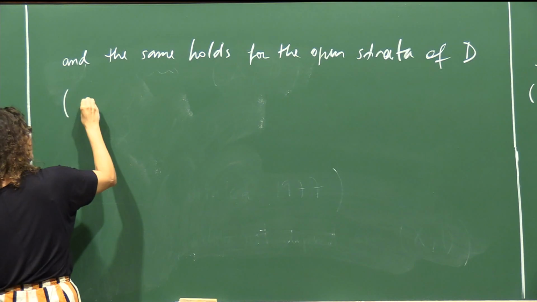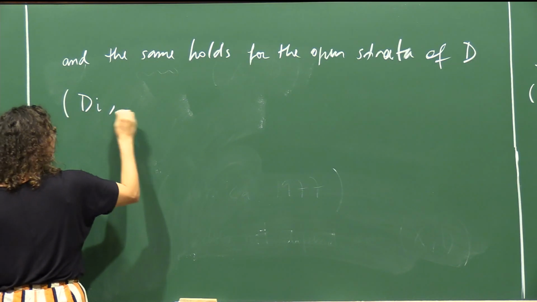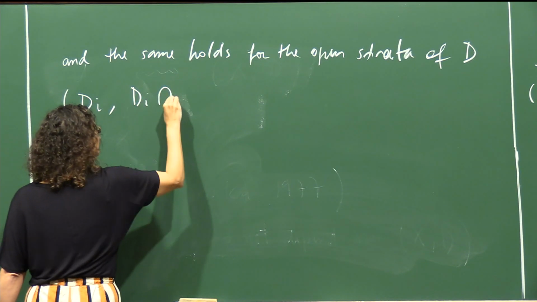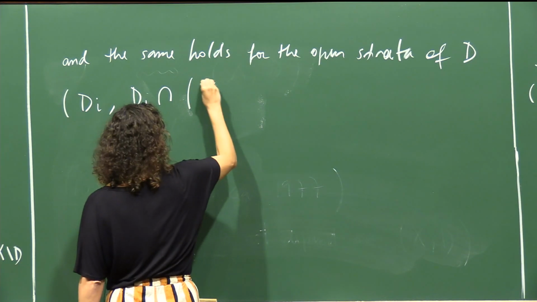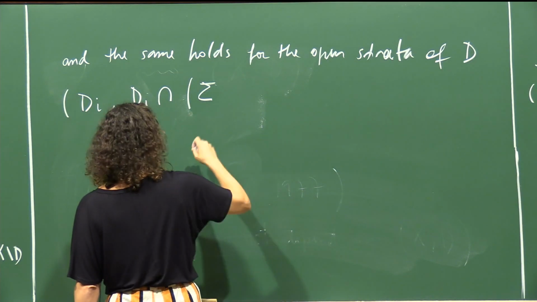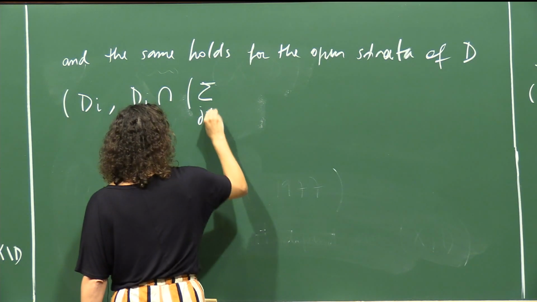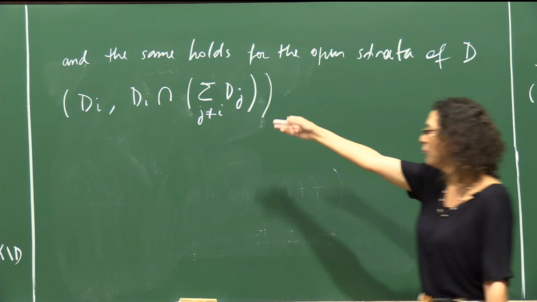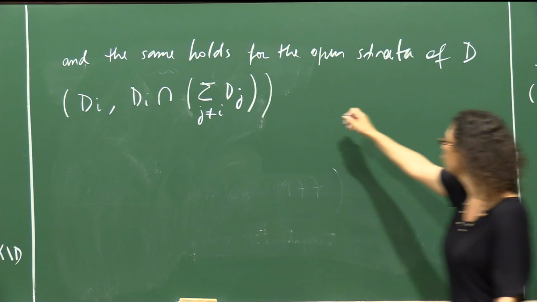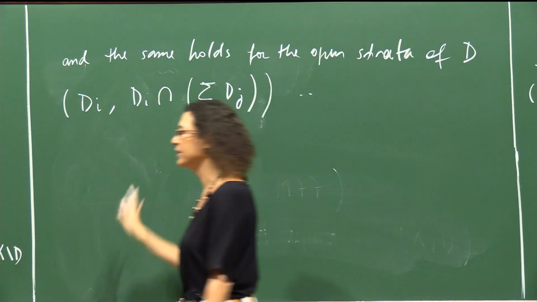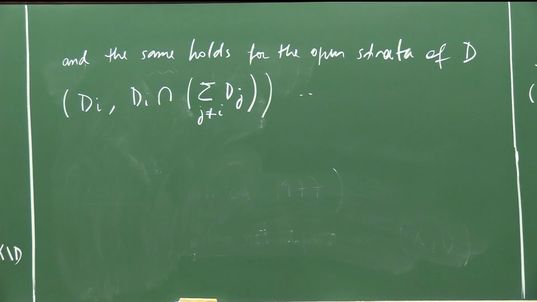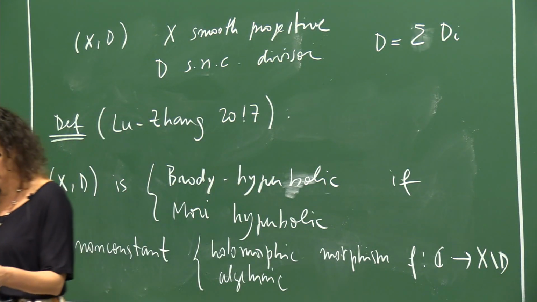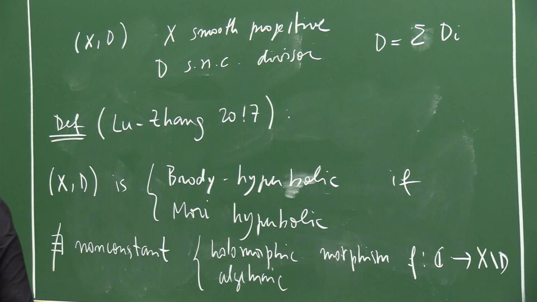If I look at the pair, say, D_i intersect the sum of D_j with j different from i, and I do the same for D_i intersect D_j and so on for all these open strata. So this is the notion of Brody or Mori hyperbolicity for pairs.